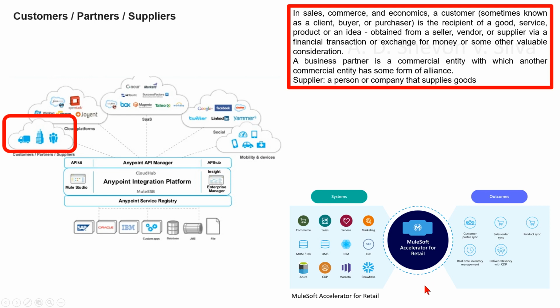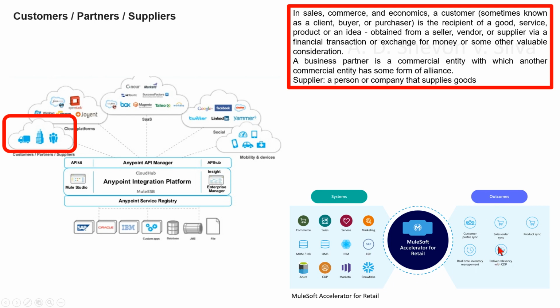So here you can see the systems that interact with MuleSoft accelerator for retail. Under systems: commerce, sales, service, marketing, MDM, DB, OMS, PIM, ERP in SAP, Azure, CDP, Marketo, and Snowflake.